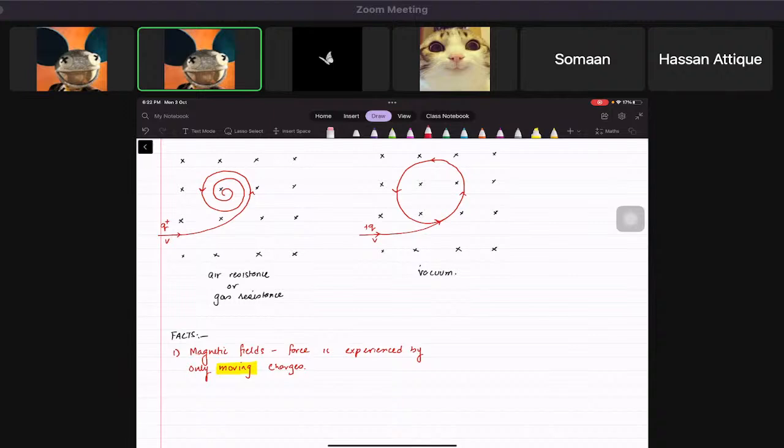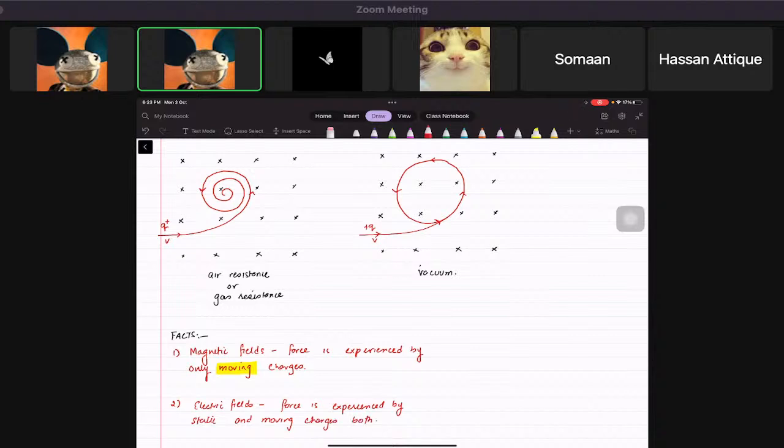The other thing you guys need to remember is that in electric fields, force is experienced by static and moving charges both.